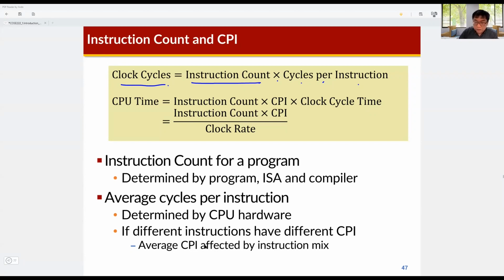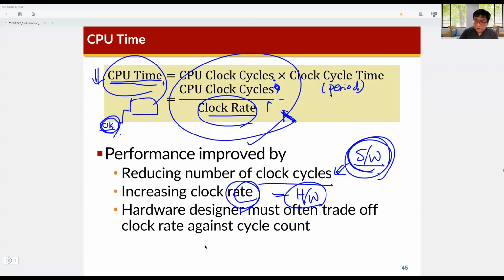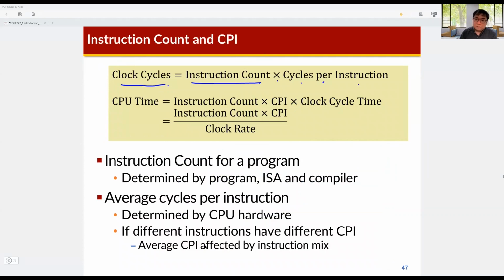Because in the previous slide, I mentioned that the software is given to the CPU, and then the CPU executes this software, and we measure the time for this execution. But in the computer system, actually, this software is compiled, and then instructions are generated.